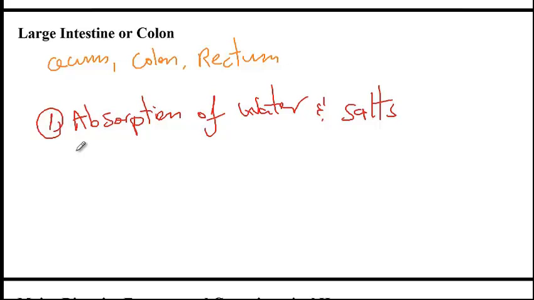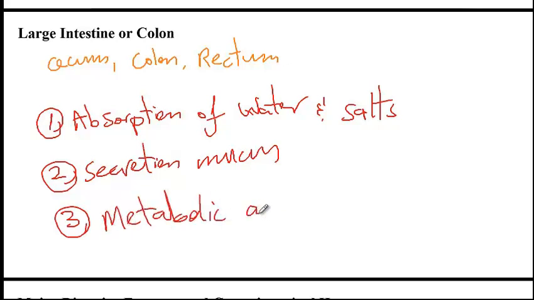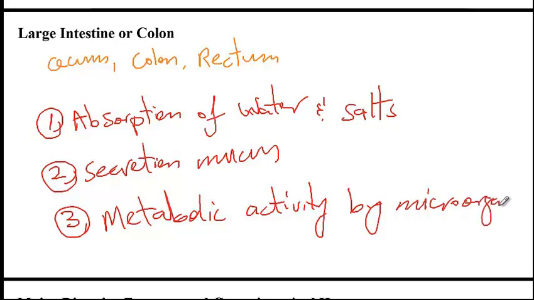Now the next function is secretion of mucus to protect the surface of the intestine. And then finally, there is metabolic activity by microorganisms. So there are so many bacteria in the colon that are actually helping with breakdown of food particles as well as production of vitamin K or vitamin B7, for instance.